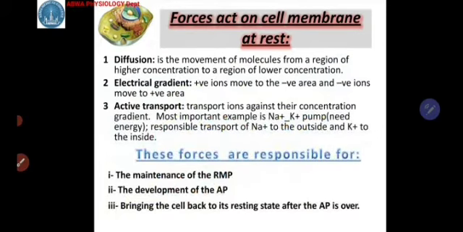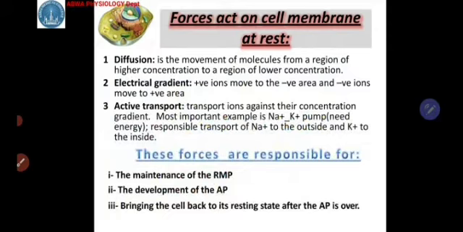Now, the forces that act on the cell membrane are: diffusion, the movement of molecules from a region of higher concentration to a region of lower concentration; electrical gradient, where positive ions move toward the negative area and negative ions move toward the positive area; and active transport, transporting ions against their concentration gradient.